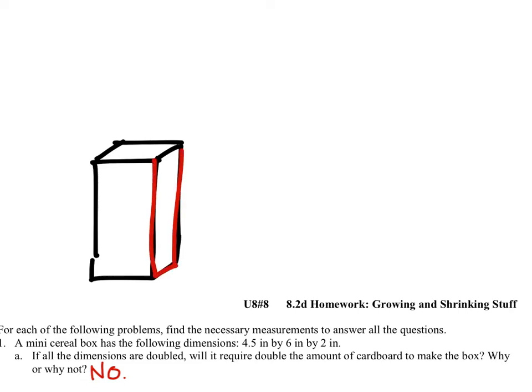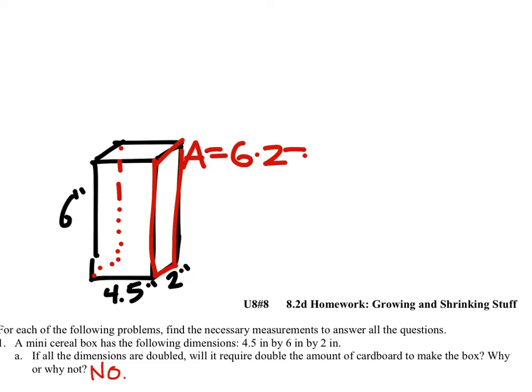So I've got this side length on the right, which also matches the side length on the left. Let's go and label these dimensions. The red rectangle has an area of 6 times 2, which is 12 square inches. But we have 2 of those sides.